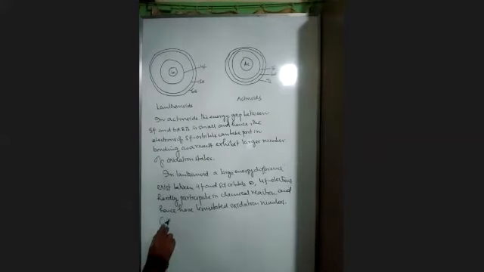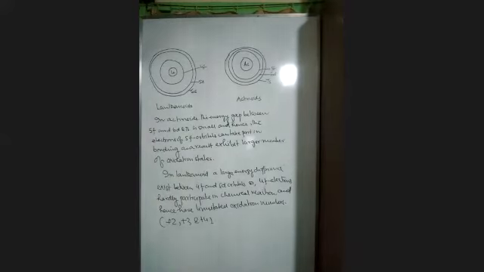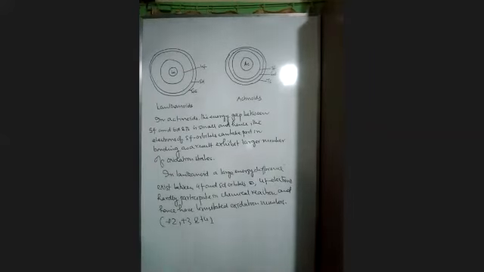Means what? +2, +3, and +4. So they hardly participate in chemical reactions and hence have limited oxidation number.